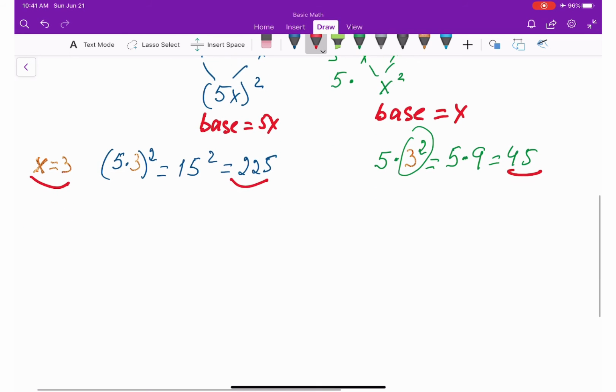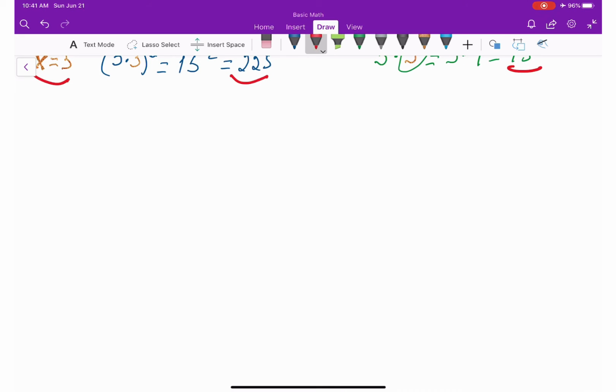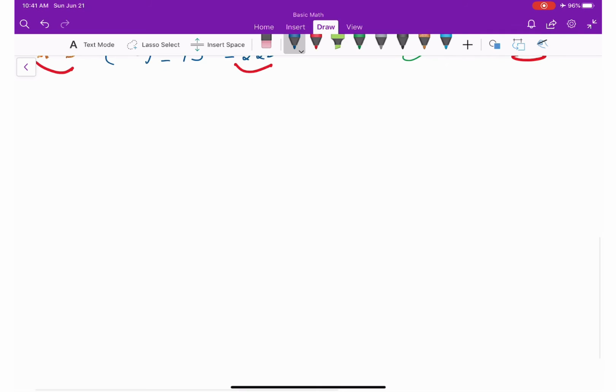Okay, let's move to the next case. Negative 5, in parentheses, to power 2 versus negative 5 squared.